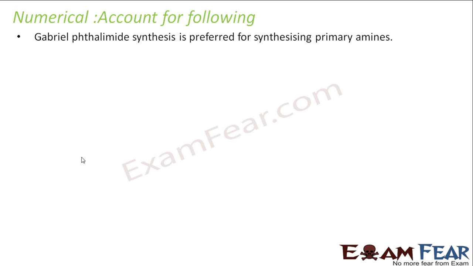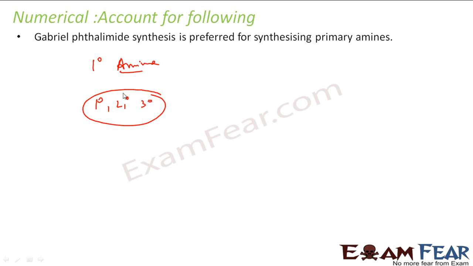So the question is, Gabriel phthalimide synthesis is preferred for synthesizing primary amines. Why? Obviously because if you see the output of this, you get only 1 degree amine, only primary amines. But in the other reactions we have seen, we get 1 degree, 2 degree and 3 degree, all a mixture, right?